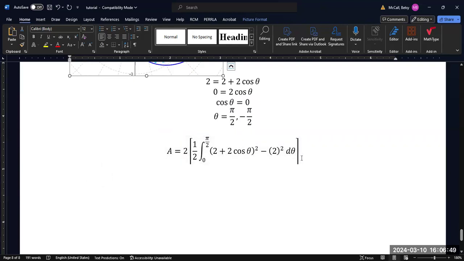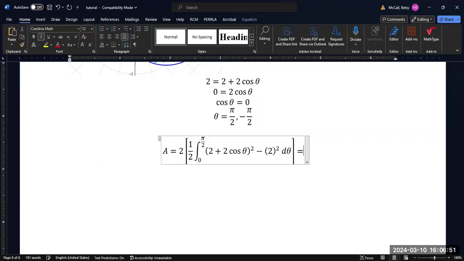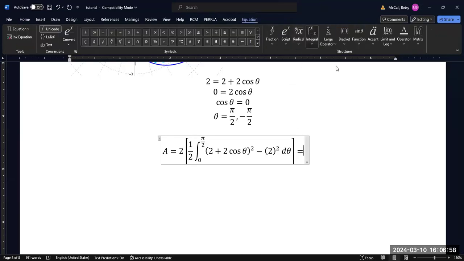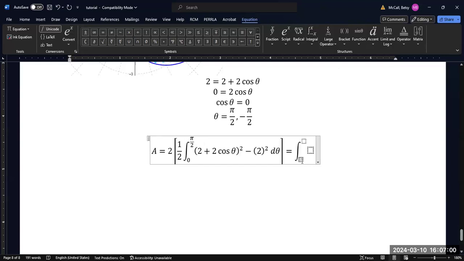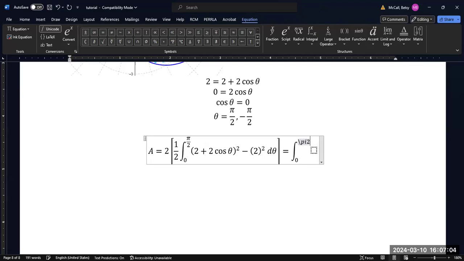All right, so once we have this, then we can go ahead and do our squaring, cancel the 1/2. Zero to pi over 2.